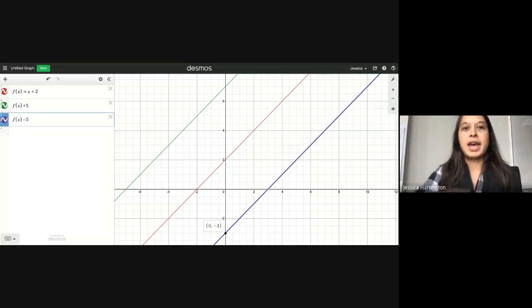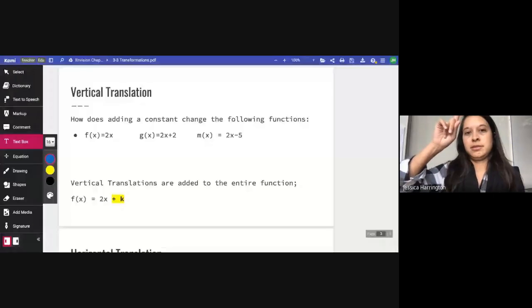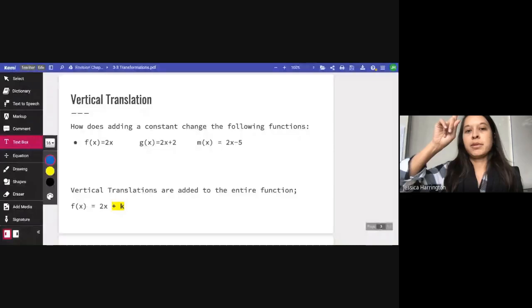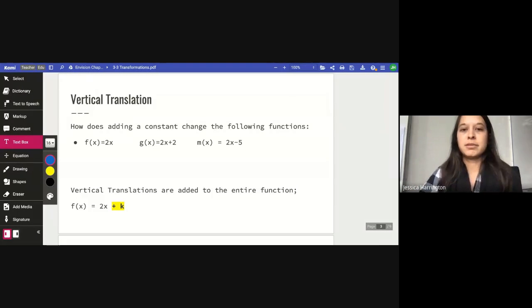When you are adding a constant, it moves it up. When you are subtracting a constant, it moves it down. So this is what you can write. Vertical translations are added to the entire function. So if you start with 2x, that's a line, the y-intercept is just 0. So you're adding a constant k.